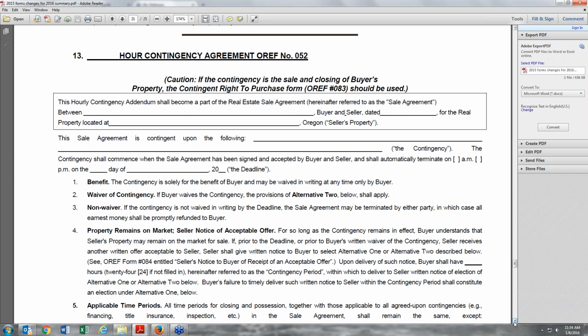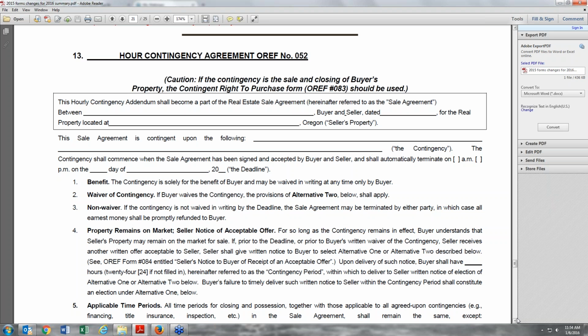The change that has been made is to add the same alternative 1, alternative 2 approach, and that's new only to the extent that it doesn't substantively change the transaction at all. It's still a contingency, but it makes it a little bit clearer and lines up with the alternative 1 and 2 approach of form 083, which is a contingent right to sale.